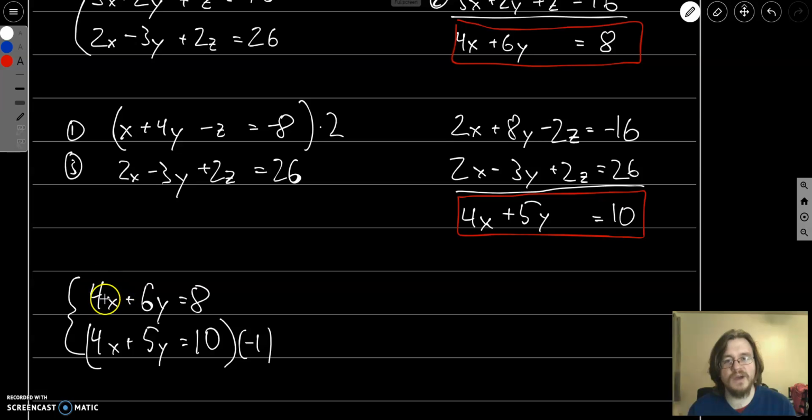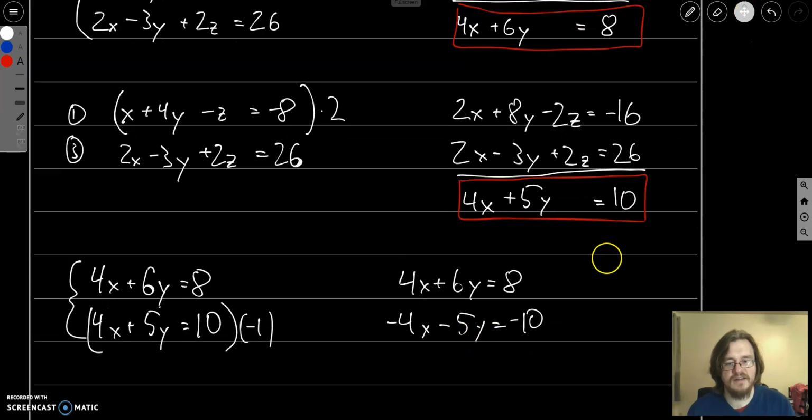So that I'll have a 4x on top and a negative 4x on bottom, because then those will cancel. So let's write this over here. I've got 4x plus 6y is equal to 8. And then on the bottom, I'll have negative 4x, because I'm multiplying by negative 1, minus 5y is equal to negative 10.